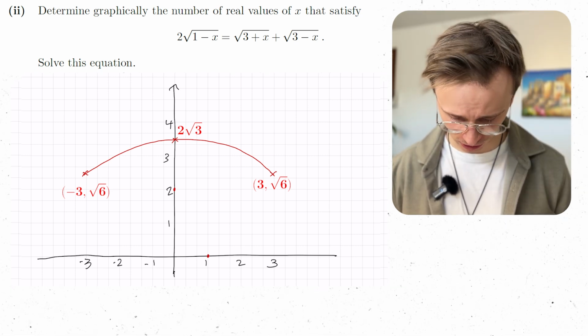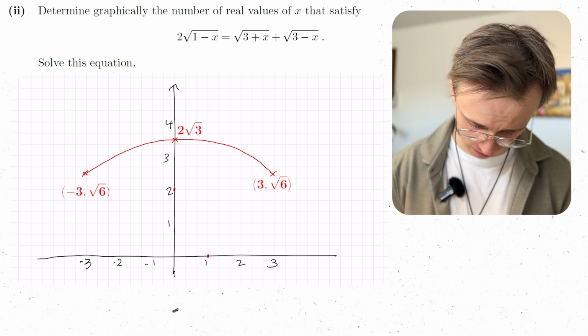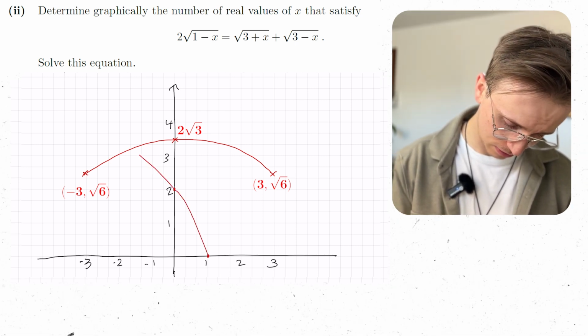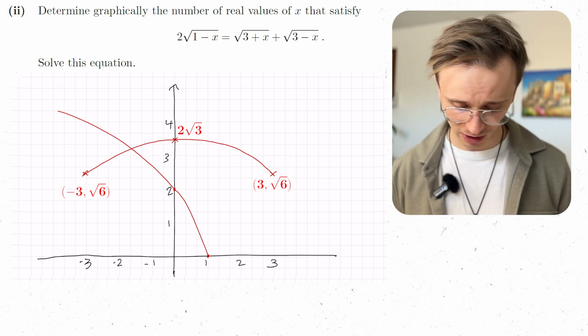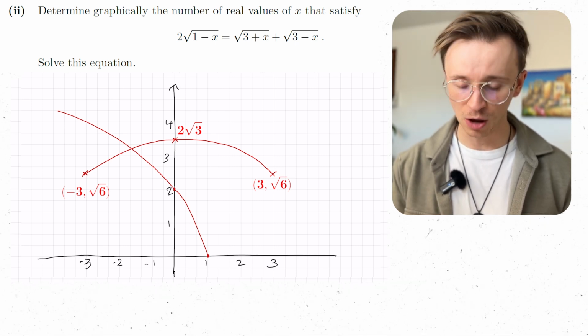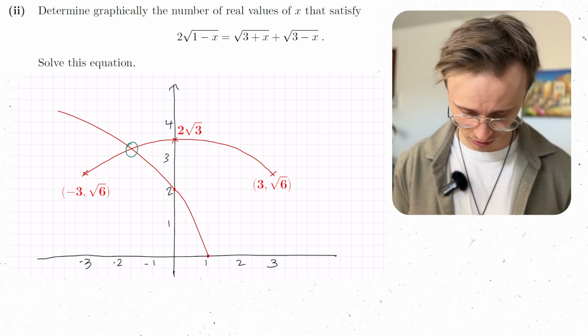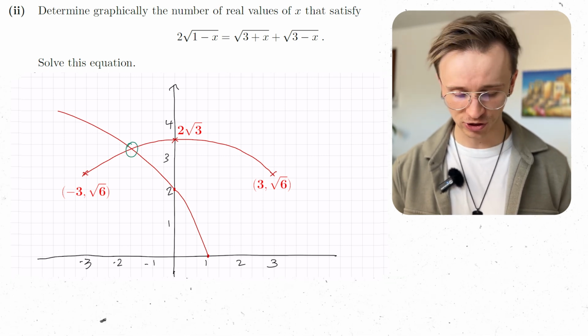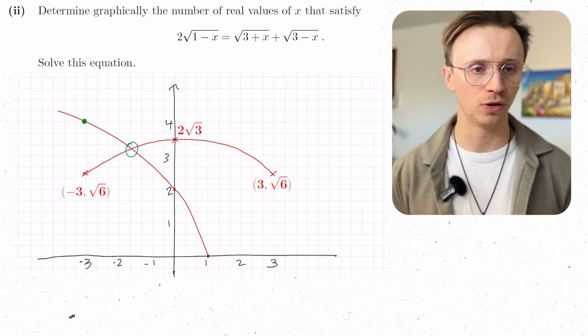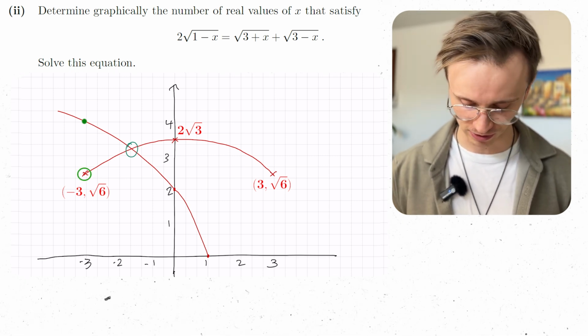And then I know that because there's no turning points, to go from here to here it has to go down, and it's got to continue going up here. And now the only thing I need to check is, do they actually intercept here? So there's at most one intersection, but I need to check. The way to check that is just, is this point at minus 3 above or below the endpoint for the previous graph?